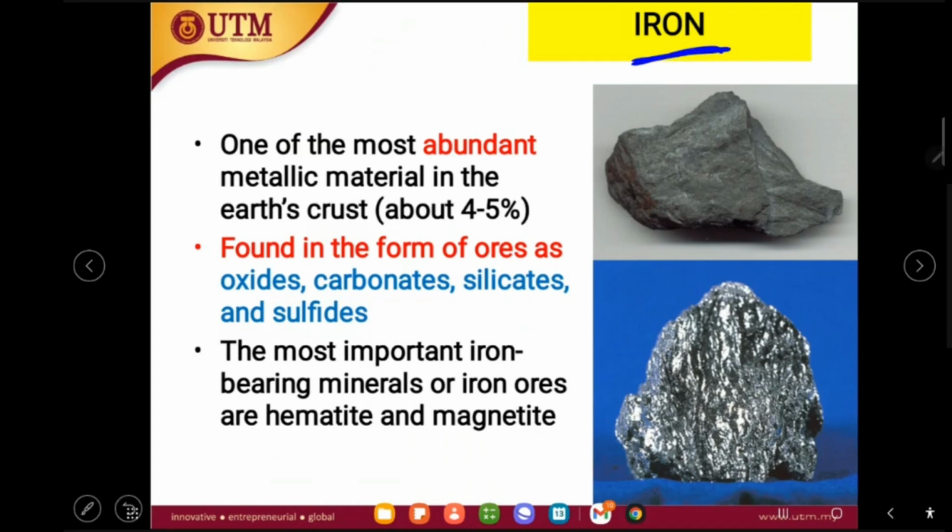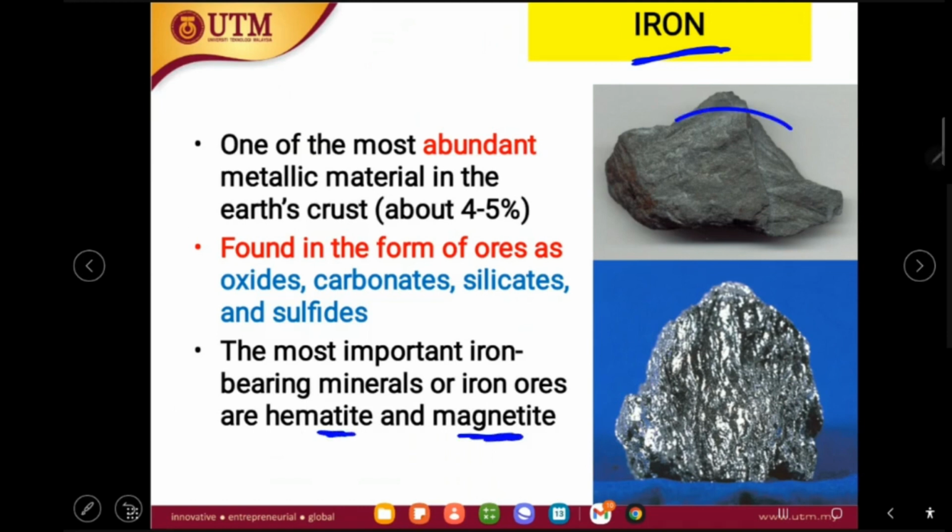Iron is one of the most abundant metallic materials in the earth's crust, about 4 to 5%, and it can be found in the form of ores as oxides, carbonates, silicates, or even sulfates. The most important iron-bearing materials or iron ores are hematite and also magnetite.